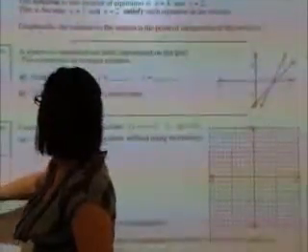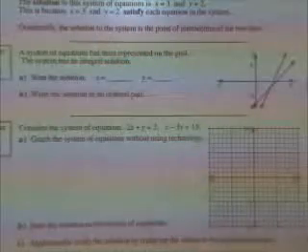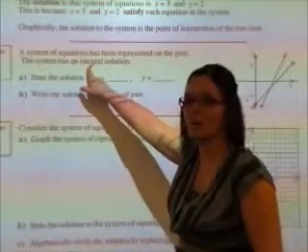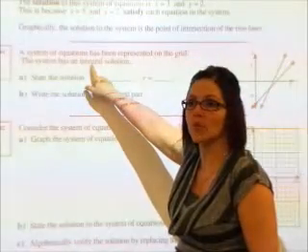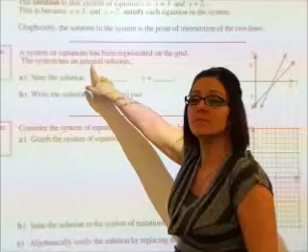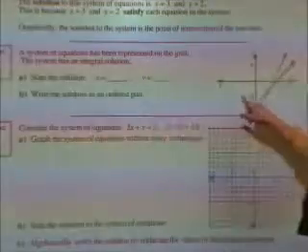So if we look at class example number 1, a system of equations has been represented on the grid. The system has an integral solution. The word integral means what kind of numbers? Integers. So it means that if I look at this point, I can look at the tick marks on the scale, and I'm not thinking that this is some little decimal number.